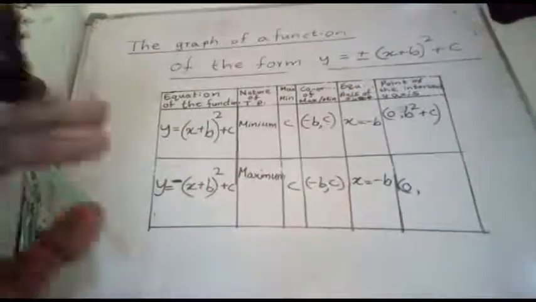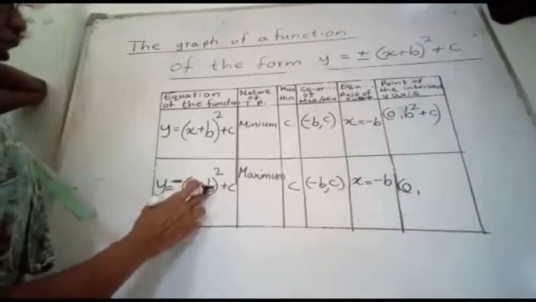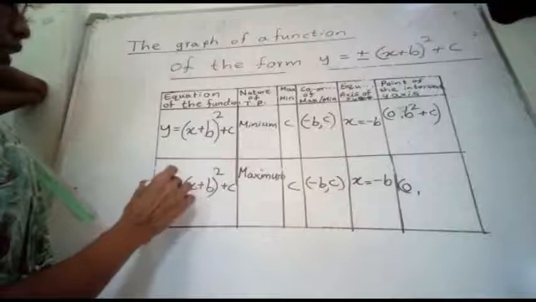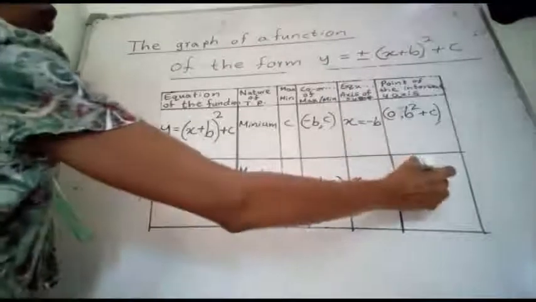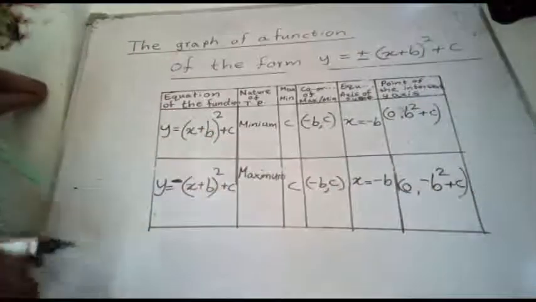Here the sign is negative, so negative b squared plus c.